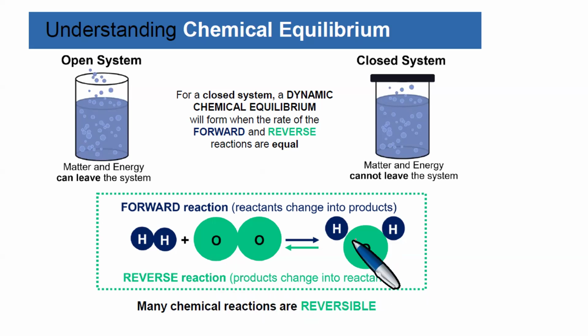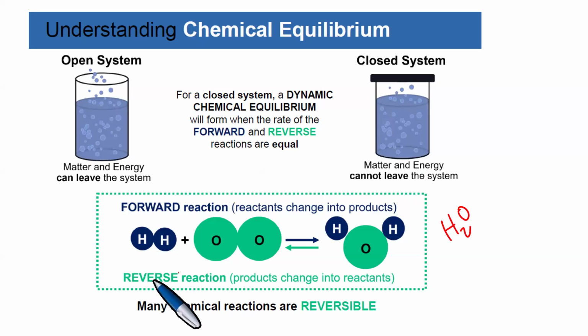What are we seeing here? We are seeing that hydrogen and oxygen produce H2O, meaning that a combination of hydrogen and oxygen produces water.